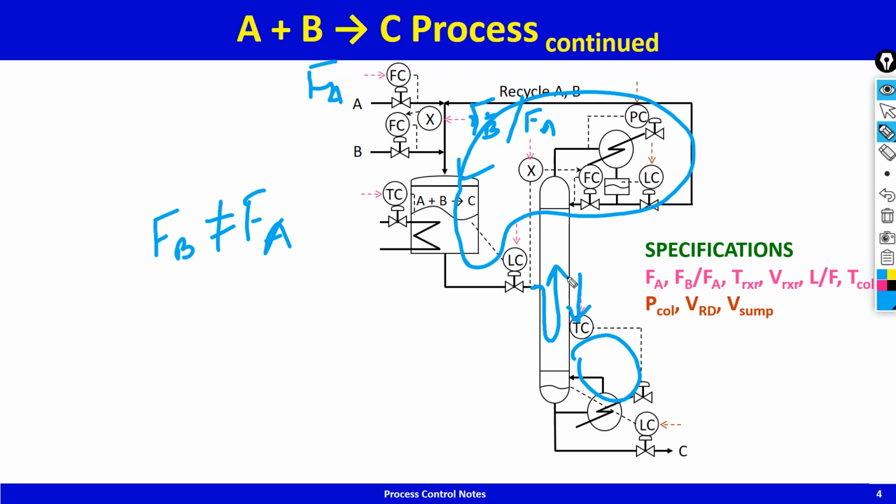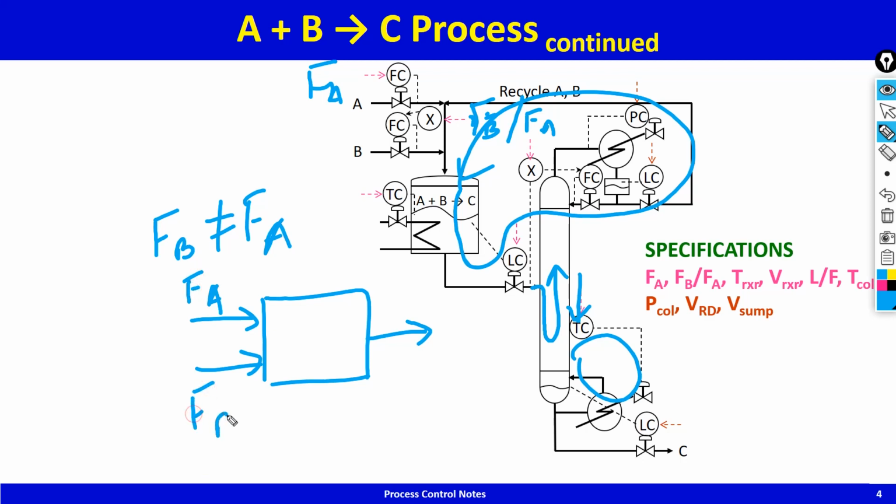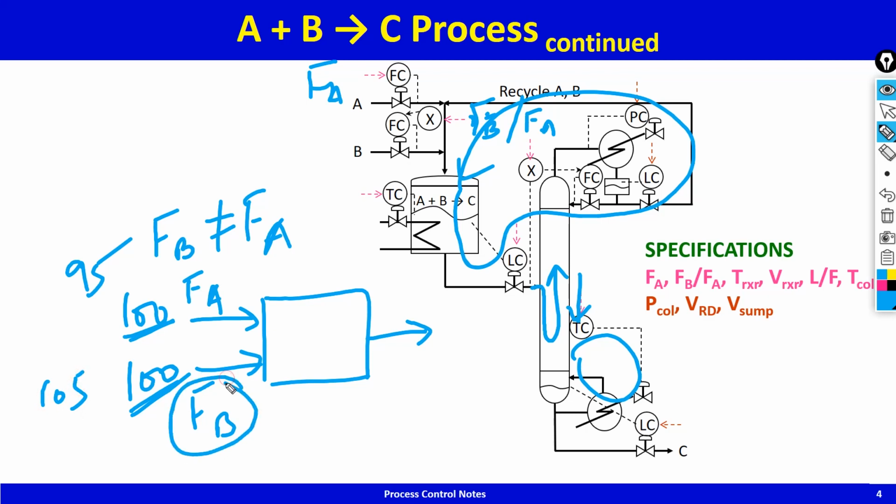So there is one drifting inventory whose overall material balance is not being closed in this case, because I've got those two feeds and I've got C going out. I'm specifying this FA and I am holding FB in ratio with A. So if I specify this to be 100 and I specify this to be 100, but the actual value of this guy because of flow errors is, let's say, 95, and the actual value of this guy because of flow error is, let us say, 105, you got 10 extra moles of B entering the process.